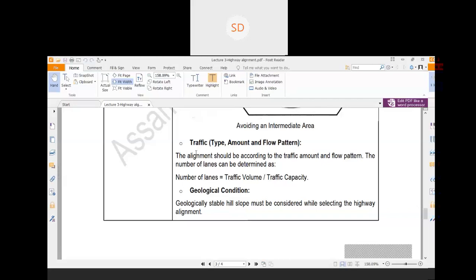Traffic volume is the number of vehicles which pass a particular section of a road within a particular time frame. Generally this time frame is considered as 1 hour, and traffic volume is expressed as vehicles per hour. Traffic capacity is the number of vehicles present at a particular section of the road, which is considered as 1 kilometer, and it is expressed as vehicles per kilometer.